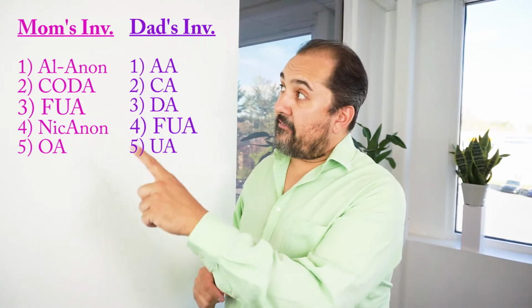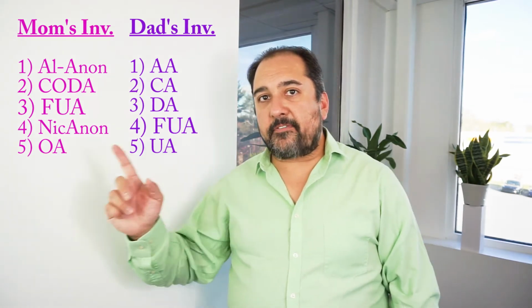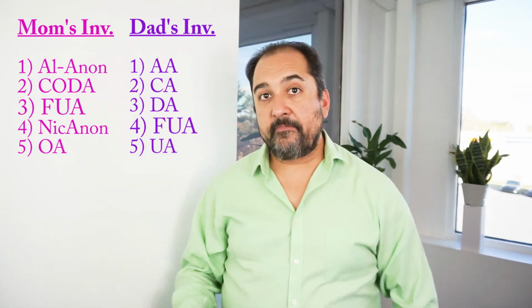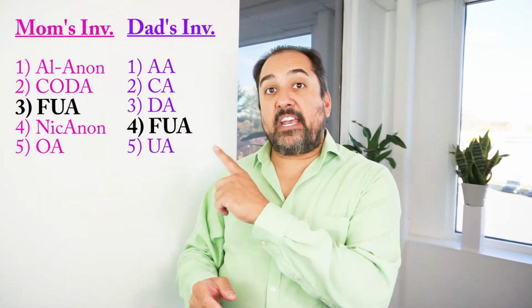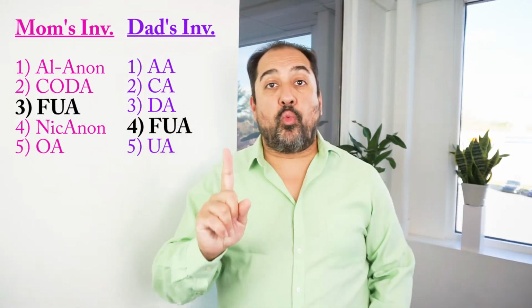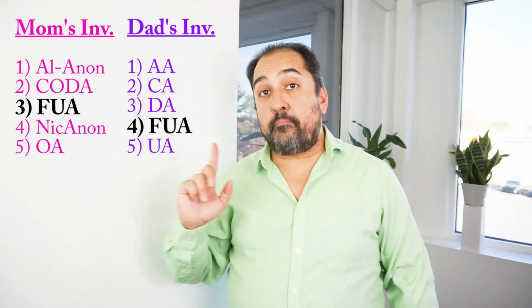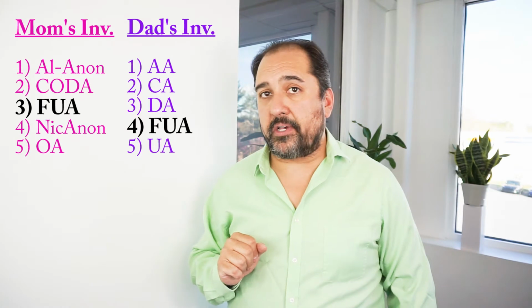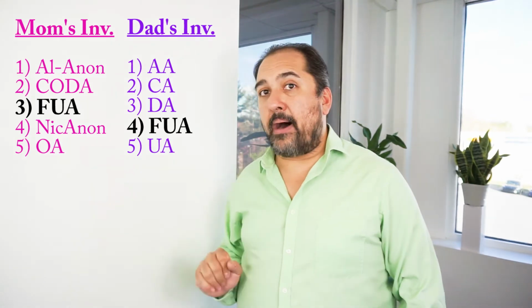Because you took your mother's inventory and you took your father's inventory. So let's look at that up here. We have mom's inventory and then we have dad's inventory. And you look at the different fellowships that they qualify for. Now what I want to ask you to do is to look for the fellowships that they share in common and combine these two inventories into one list, one inventory, with the fellowships that they both qualify for at the top of the list, and then the fellowships that only one qualifies for at the bottom of the list.